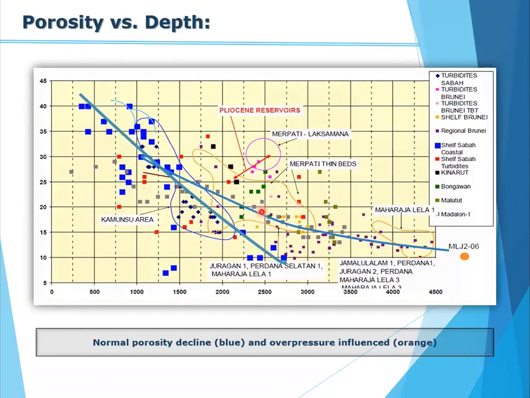Here we see that the porosity is much more gentle to us. It goes far down to the deep reservoirs, and you can still find acceptable reservoir cases. The one point down in orange is the extreme, the MLJ2 well. I don't remember exactly, but it's far deeper than 10,000 feet, and you still had 12 or even 13% porosities. Permeability is also an issue in these reservoirs.